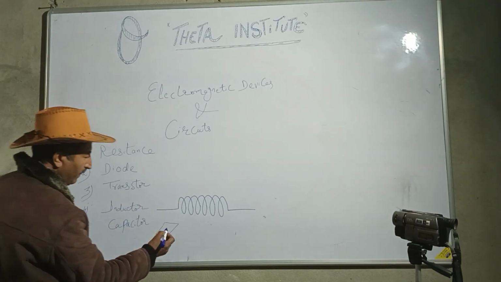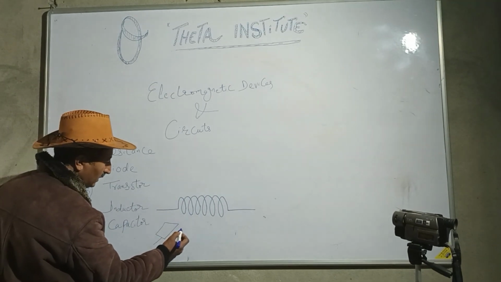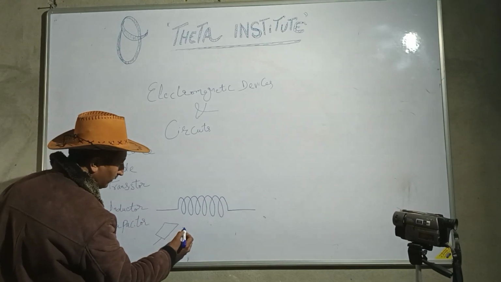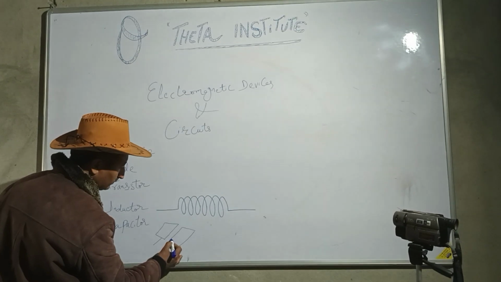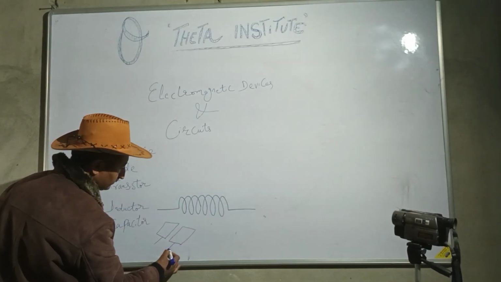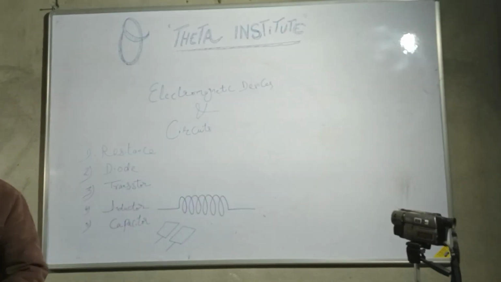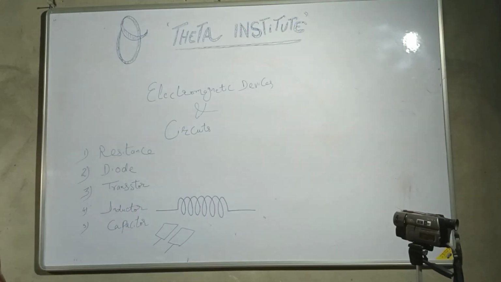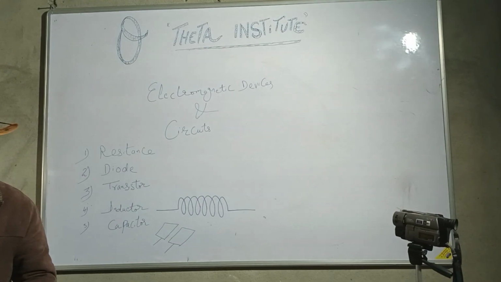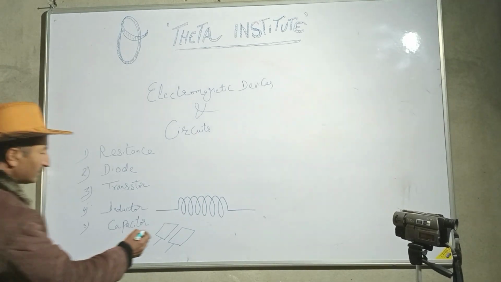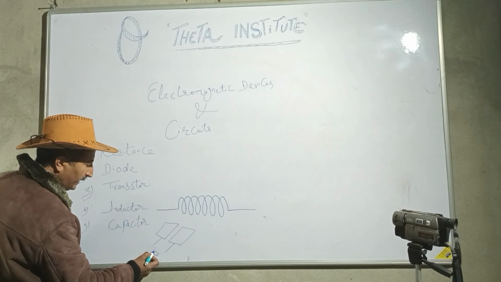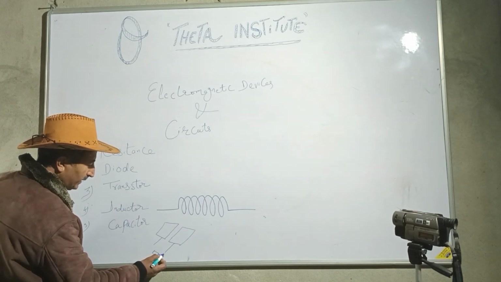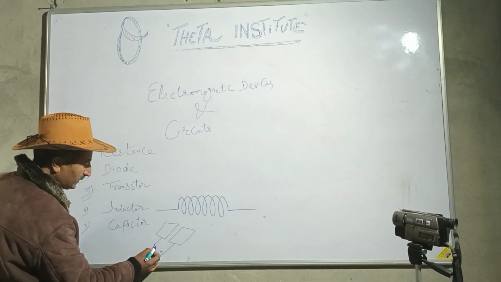One plate and this is another plate. These two plates are connected externally by a cell or battery, positive to this one and negative to this one.